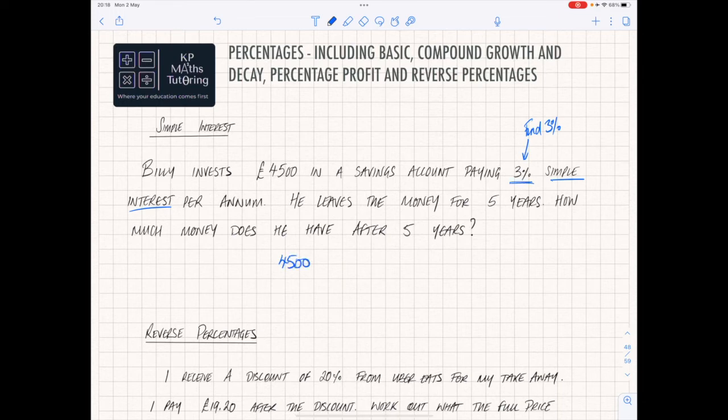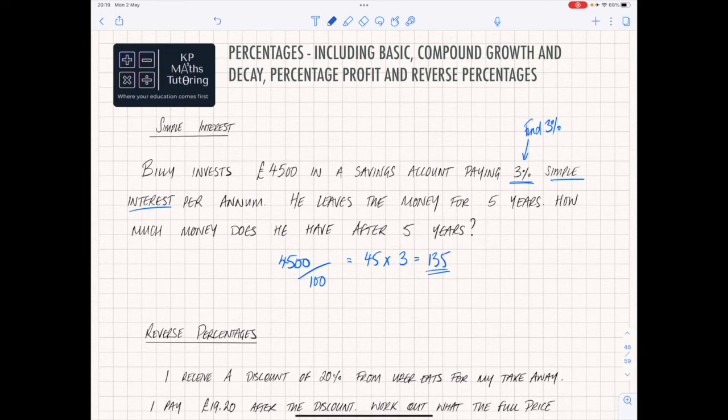Now there's a couple of ways you could find 3%. You could either do 4,500 divided by 100, which would give you 1%. So 4,500 divided by 100 would give you 45, and then times that by 3, which would give you £135. That's 3%.